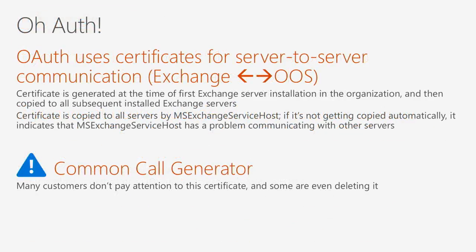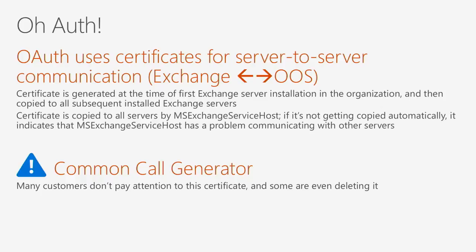All right, we talked a little bit about modern authentication. Let's talk about one more thing that we're seeing happen quite frequently. So the way OAuth works is when you install an Exchange server, it generates a new certificate for OAuth to use for authentication, and then the Microsoft Exchange service host goes and takes that certificate and copies it to all the other Exchange servers that need it.